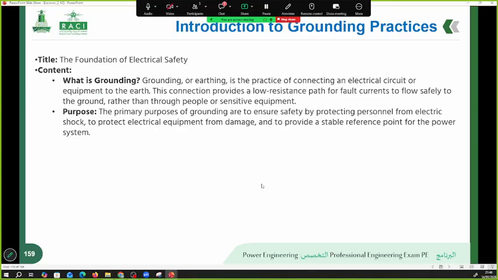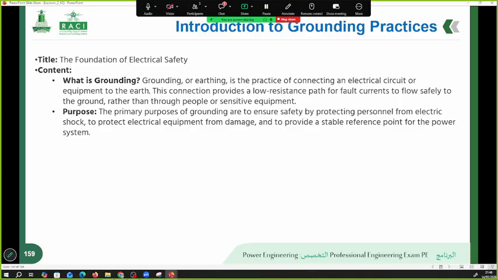So, what is grounding? Grounding is the practice of connecting an electrical circuit or equipment to the earth. The earth, with its vast size and conductivity, is used as a zero potential reference point. This connection creates a low resistance path that allows fault current to flow safely into the ground.